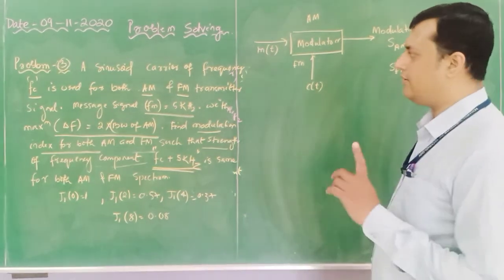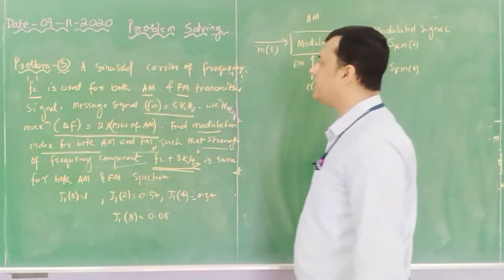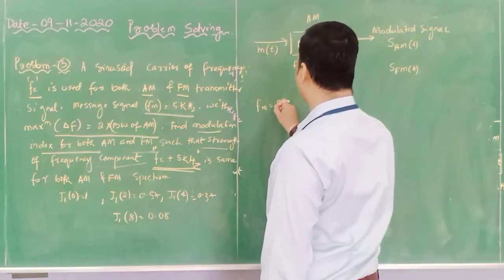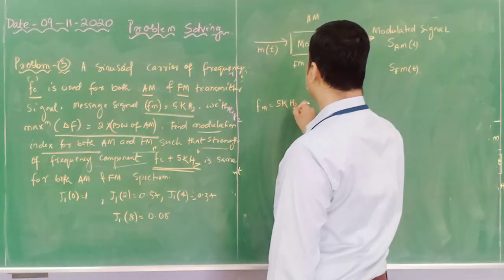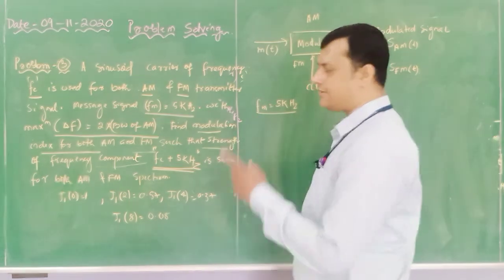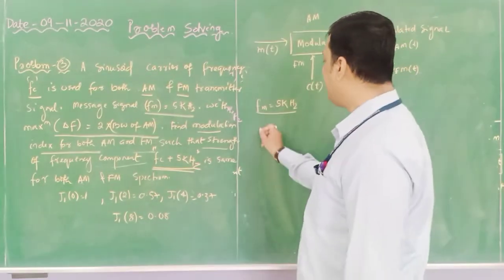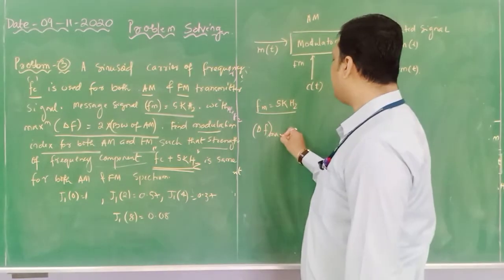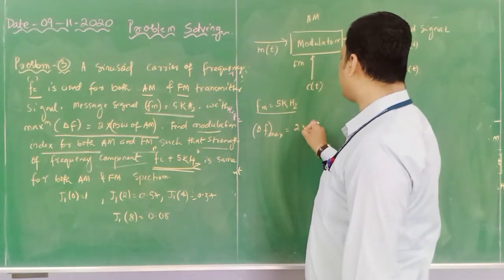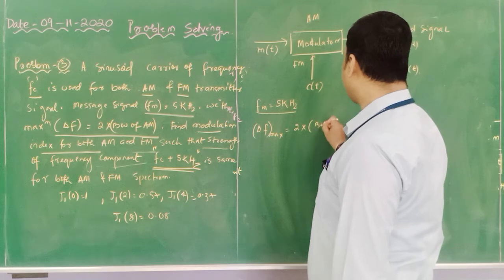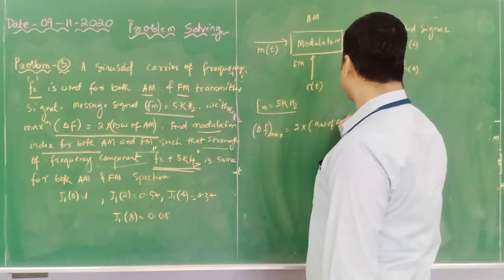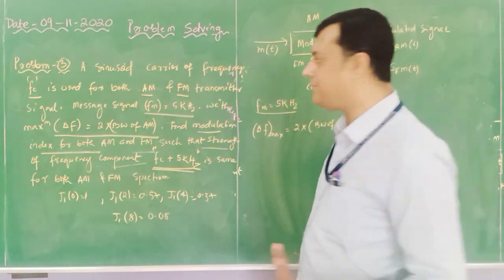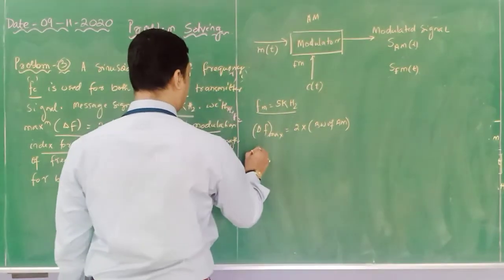Now, what are the things given? Here it is given that the modulating signal frequency is 5 kHz. And what else is given? The maximum frequency deviation is twice the bandwidth of the AM signal. So first of all, I need to identify the bandwidth of the AM signal.